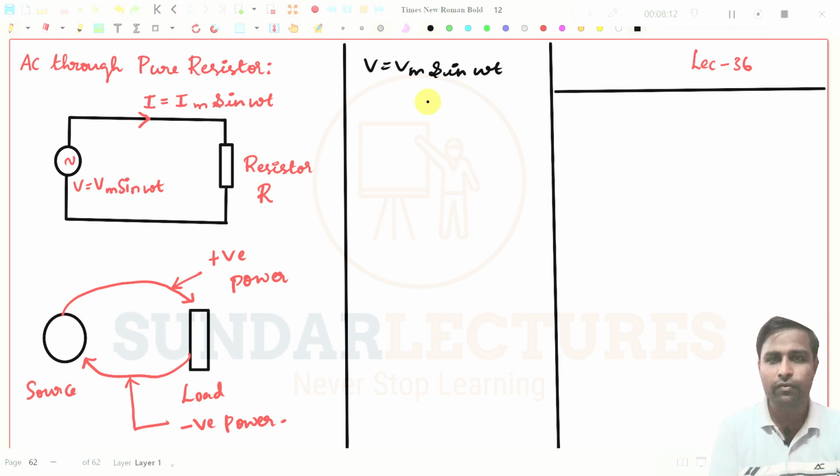The resistor R is already given. And what is the formula for I?